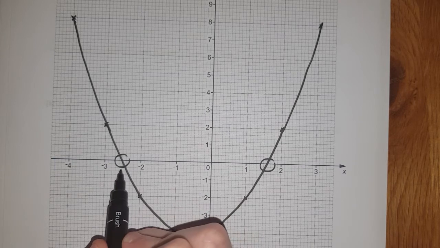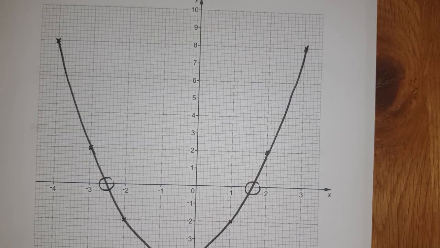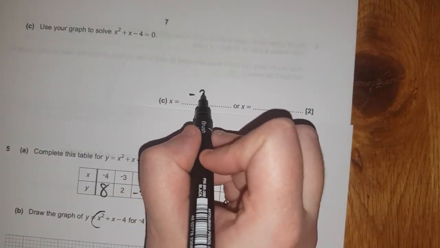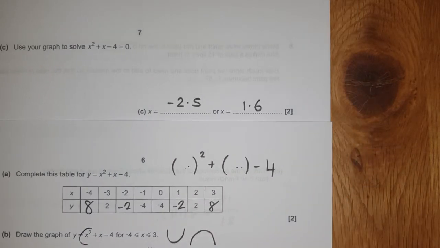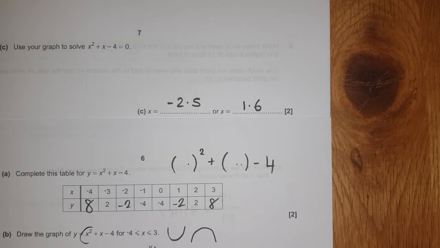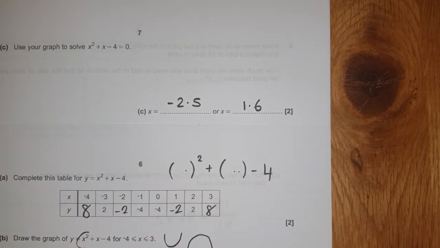At that point there, I've got minus 2 point, and it is exactly minus 2.5 on mine. And on this one, it is 1.6. So I've got minus 2.5 and 1.6. Even if you get your graph wrong, make sure that you read off your points accurately from your curve. You can still get marks for that.